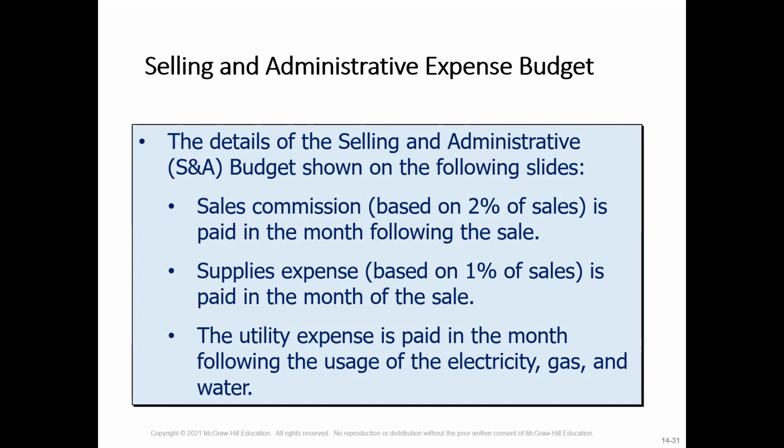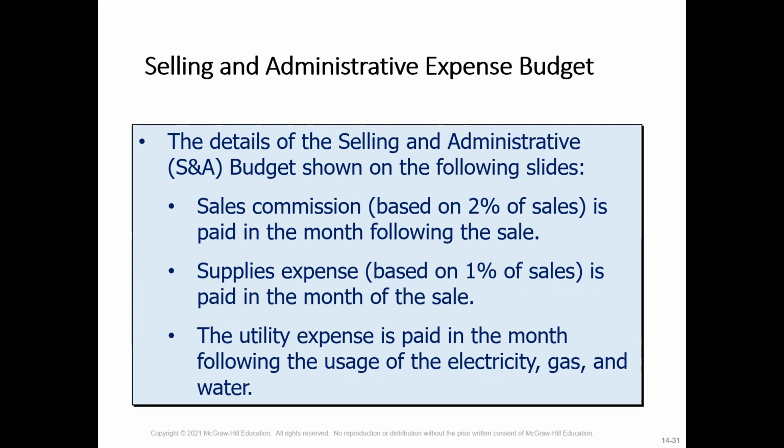The timing is what we need to take into account here when coming up with the budgeted figures. Sales commission is going to be paid in the month following sale. So our October sales commissions will not be paid till November. So for October, we will have 0 sales commissions.